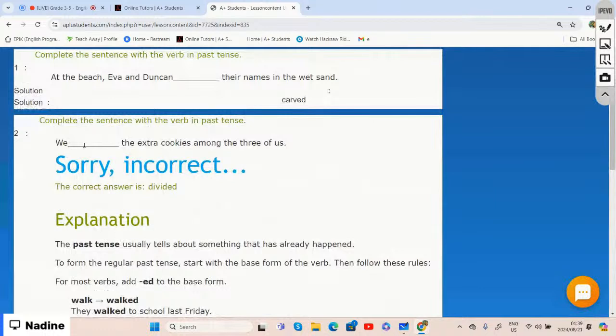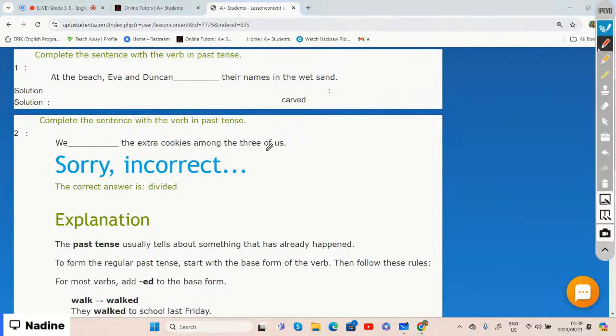Over here, do we say we divide the extra cookies amongst the three of us, or we say we divided the extra cookies amongst the three of us?